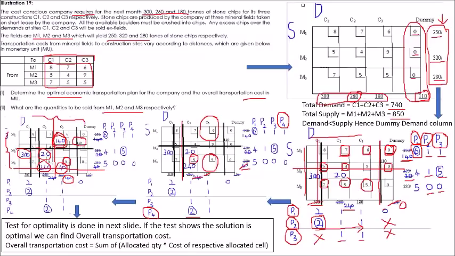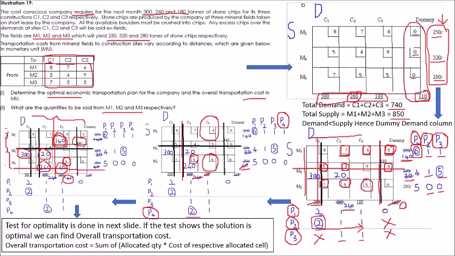Then we started calculating the penalty, and found the highest penalty. We start allocation, and after allocation we exhaust the row or column, whichever is exhausted. Similarly, we calculate the next penalty and further penalties.